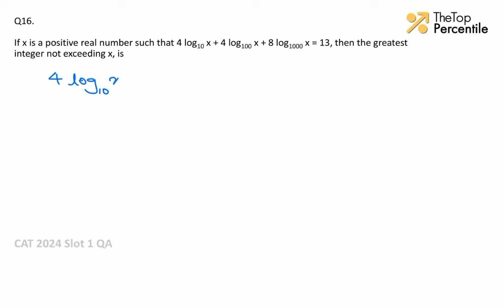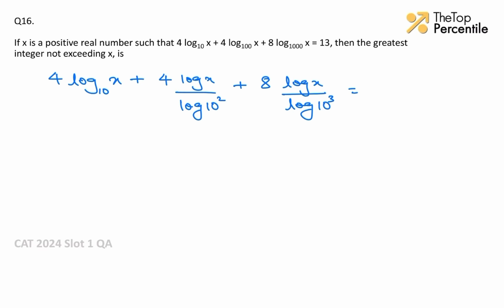Log to the base 10x, this will be 4 log x upon 100, which will be 10 square, plus 8 log x upon the base 1000, which can be written as 10 cube. This will be 13.